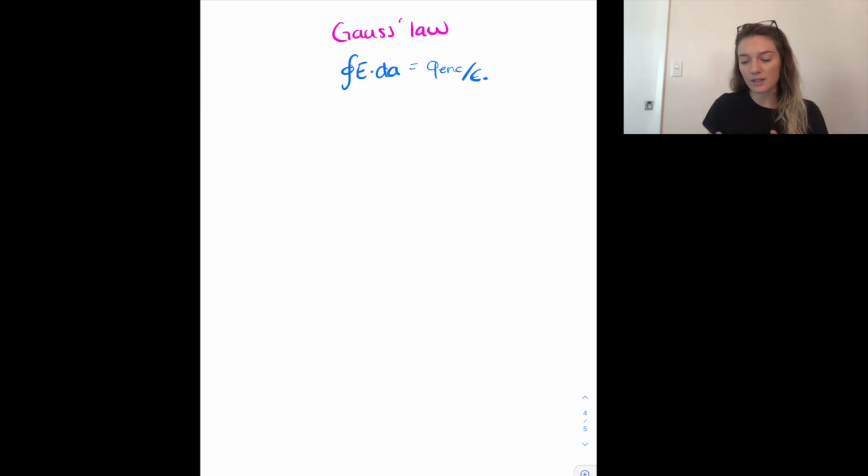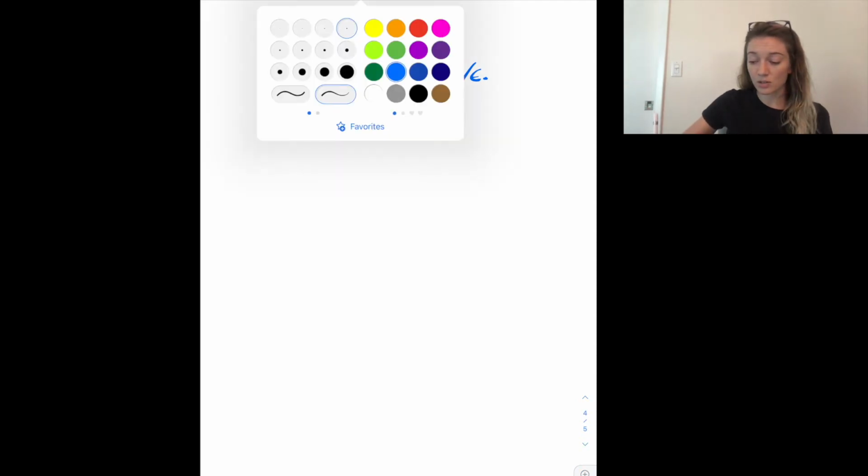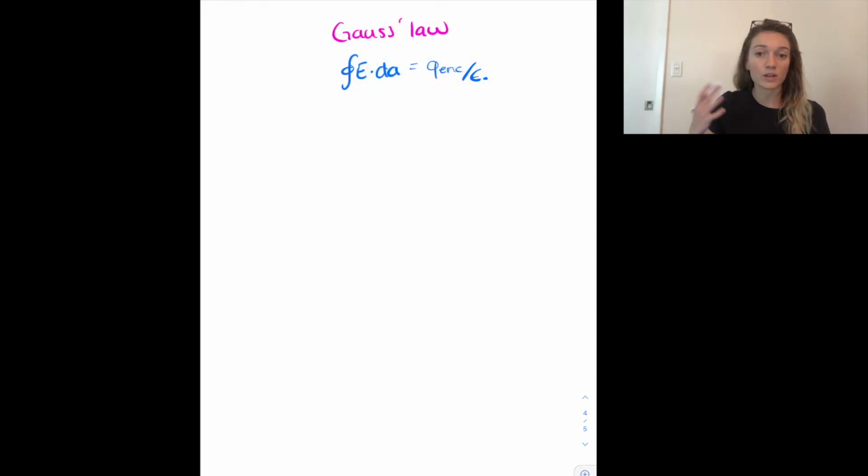Because if we don't have a high degree of symmetry, this dot product might introduce a cosine theta that we have to integrate over, or this electric field might be very complicated where it's almost impossible to integrate over it. So we want to choose only specific scenarios where this integral becomes very easy, where we basically aren't even really integrating. There are three scenarios where Gauss's law is useful.